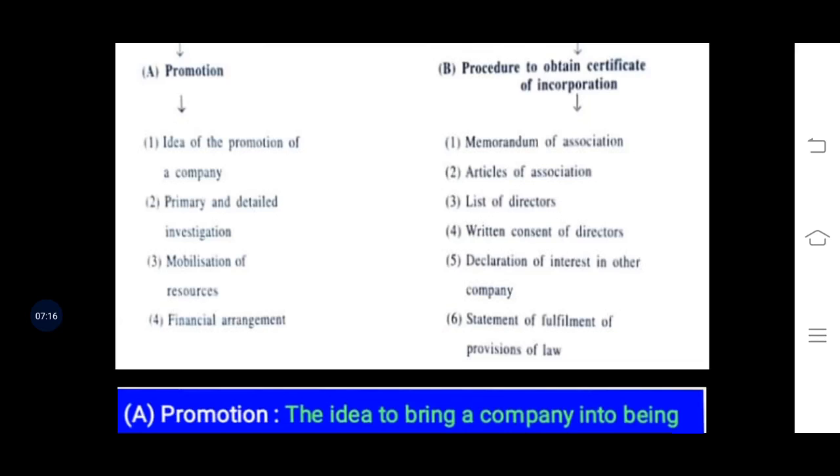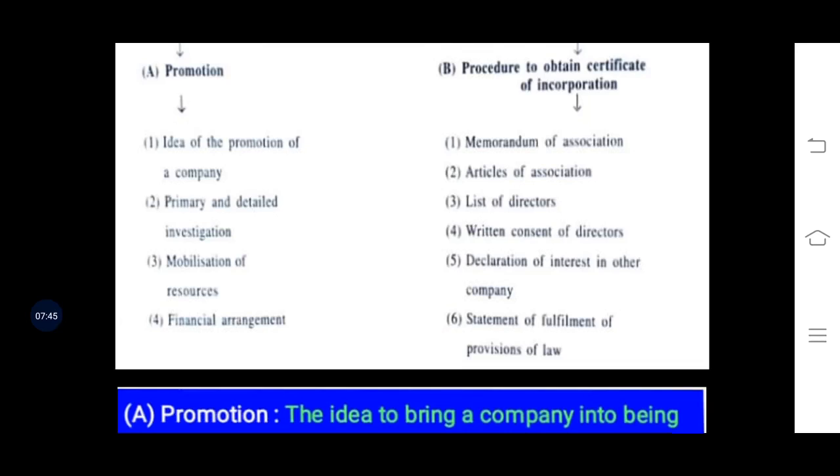Now, after submitting these two main important documents, the basic fundamental of the company and the inner structure of the company, they have to mention the list of directors who will manage the company, and the written consent of those directors that they are willingly accepting to work as directors in the company.